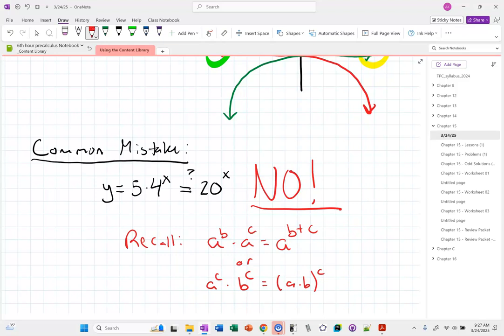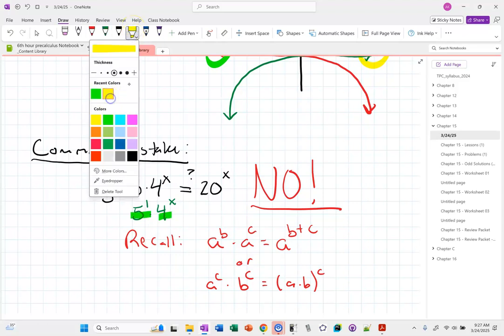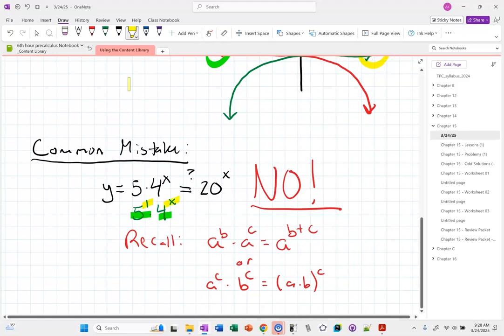Those are the two ways you can multiply exponential numbers. Either they have the same base, in which case the base stays the same and you add the exponents, or the exponent is the same, in which case the exponent stays the same and you multiply the bases. Notice up here, what you have is 5 to the first times 4 to the x. The bases are different, and the exponents are different. This is why you cannot multiply them together.